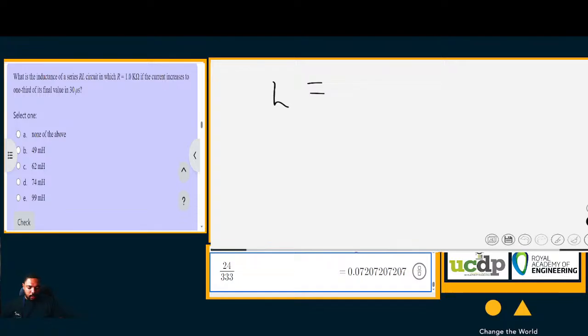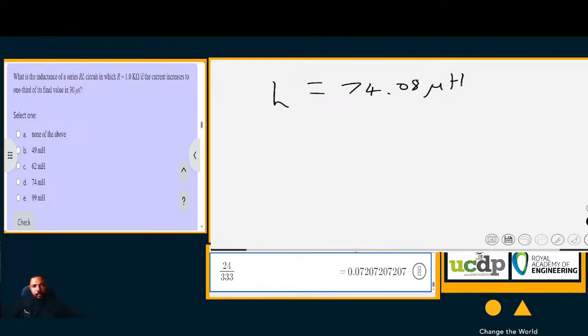If you were to multiply those two, you should get an inductance of 74.08 micro Henry.